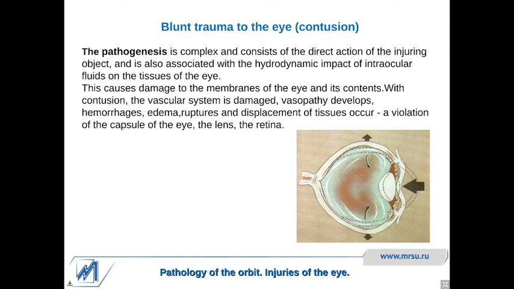This causes damage to the membranes of the eye and its contents. With contusion, the vascular system is damaged. The body develops hemorrhages, edema, ruptures, and displacement of tissue occur. There is a violation of the capsule of the eye, the lens, the retina.